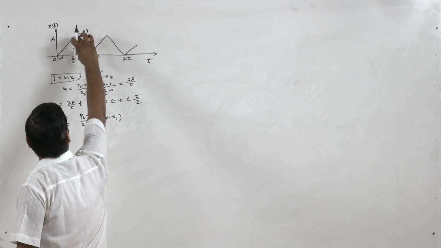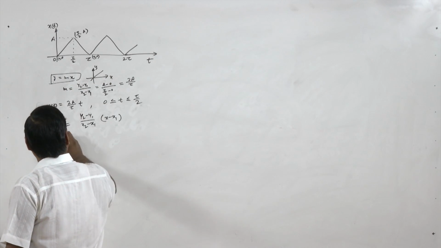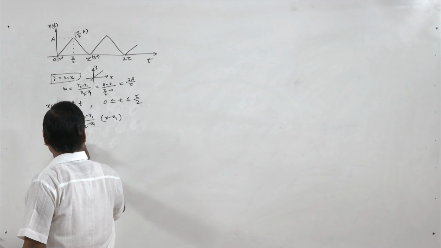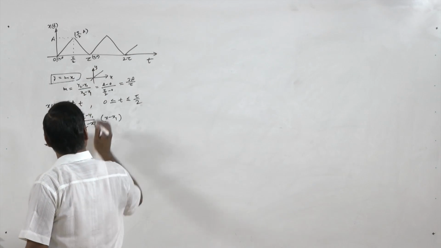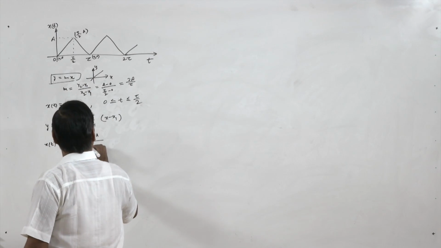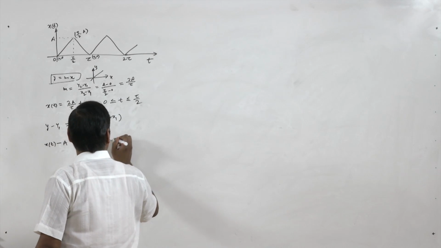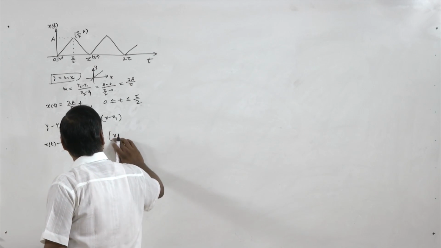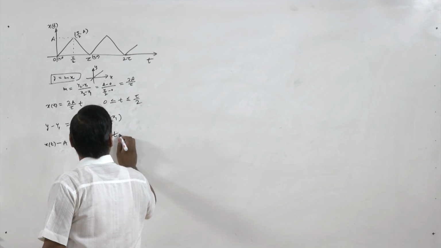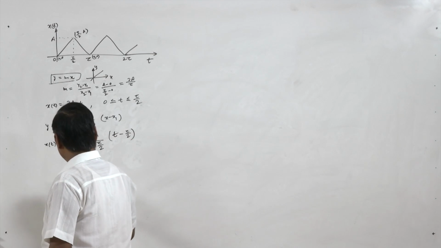So here (x1, y1) is this, (x2, y2) is this. So y is x(t) minus y1 is A equal to y2 is 0 minus y1 is A upon x2 is tau minus x1 is tau by 2, and x, here again x is t, because here we have the time axis, t minus x1 is tau by 2.